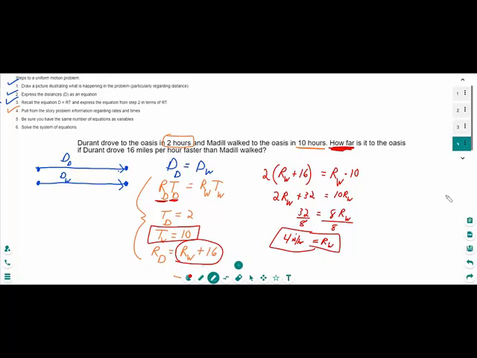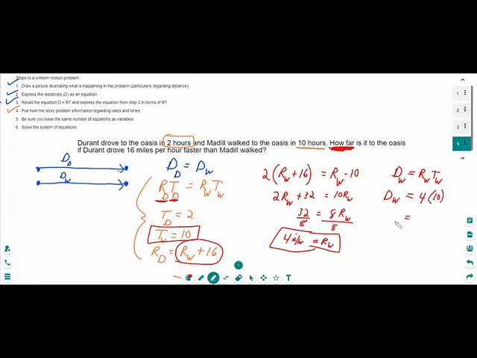We also know, because we've memorized this equation now, that if we want the distance of the walker, we take the rate of the walker times the time of the walker. So the distance of the walker is the rate, which is 4, times the time, which is 10.